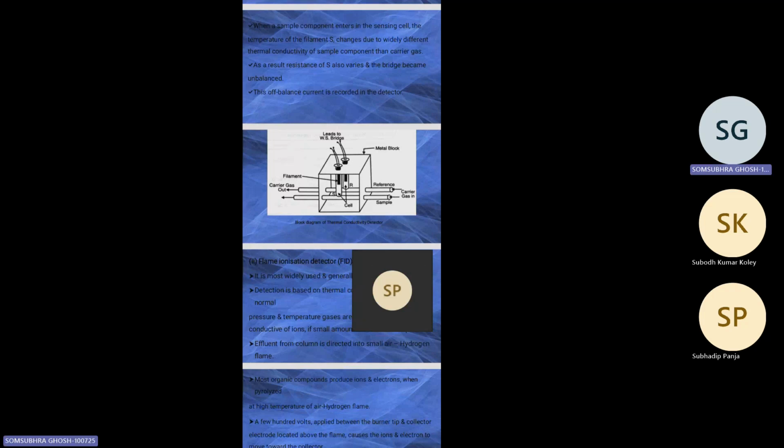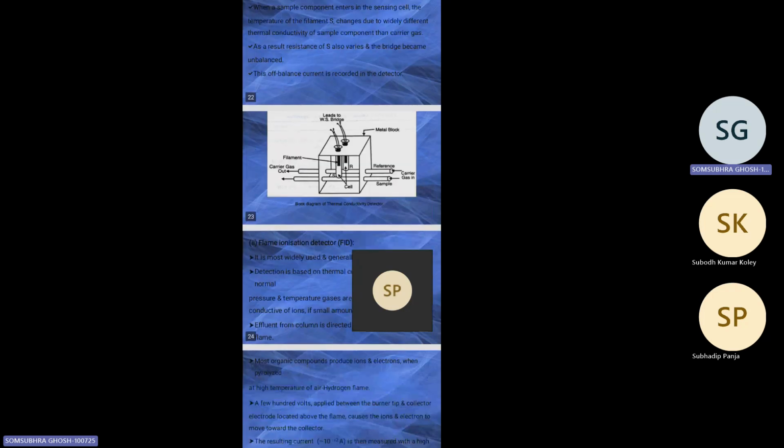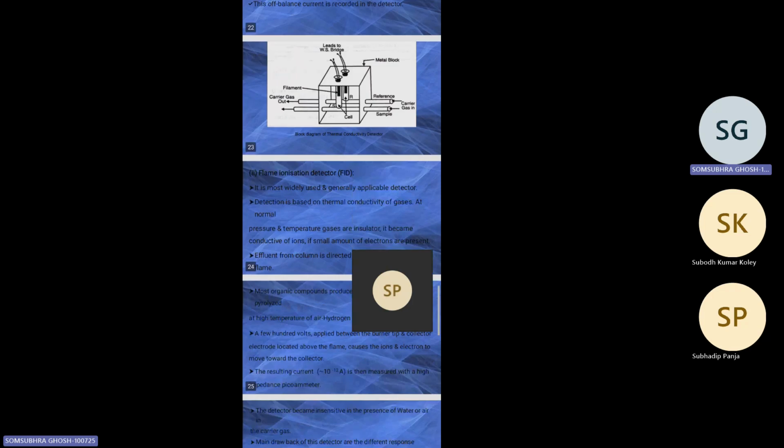By that we can measure how much of the sample is passing through with the carrier gas. So that's why the name of the detector is thermal conductivity detector. Due to the change of the thermal conductivity, the resistance of that carrier gas changes, and by that we can measure the amount of sample collected.